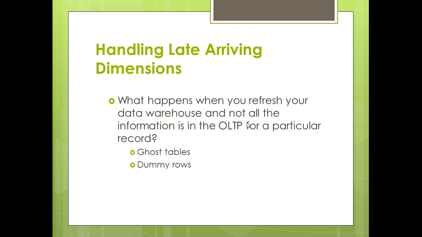You might get the fact table record, but for some reason on the actual OLTP side, the dimension data wasn't completely completed. So basically, there are techniques used to handle this. It's more of a complex situation, and certain terms you'll hear used are ghost tables and dummy rows. These are two different techniques used to handle this particular situation. I suggest you go and read up on it on your own.